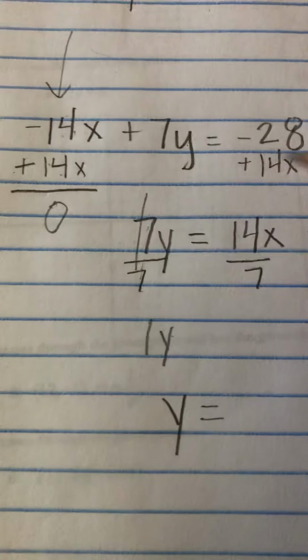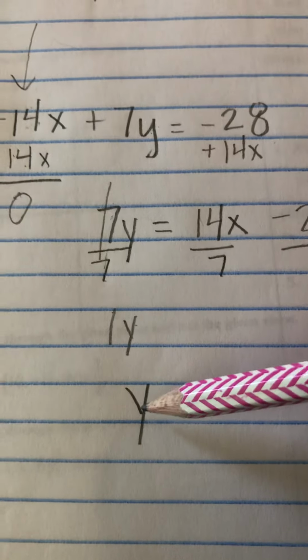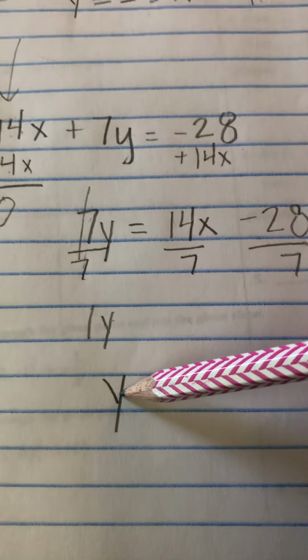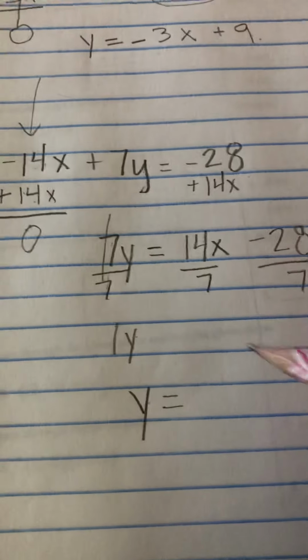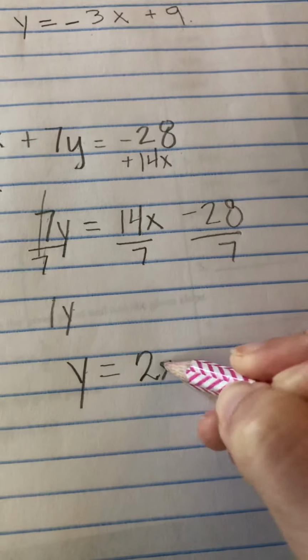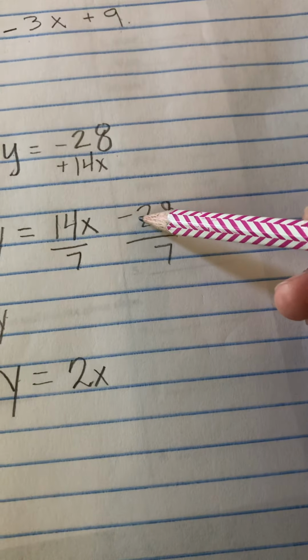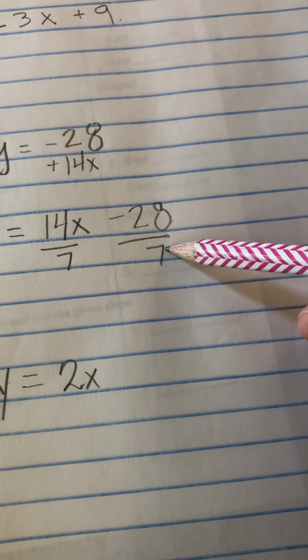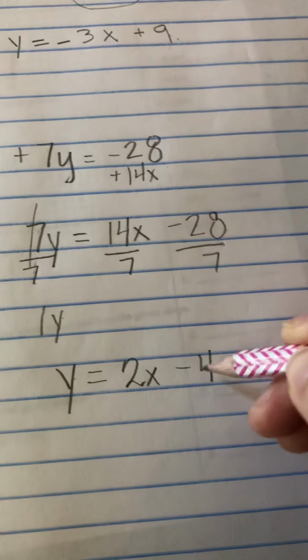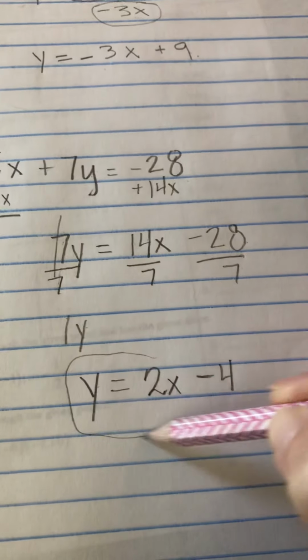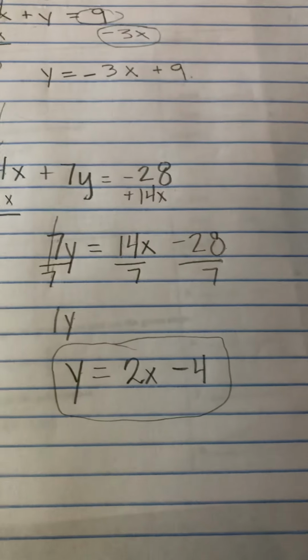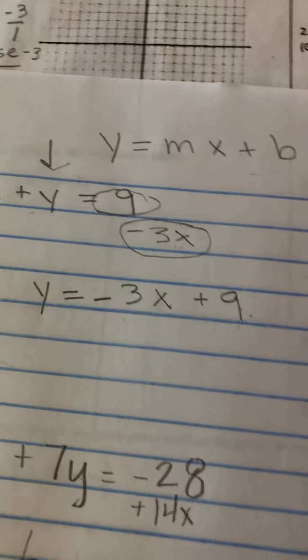So that's why I divided by 7 there, to get that 1, which gives me just 1y, which is the same as y. 14 divided by 7 is 2, so that gives me 2x. And then I get my negative 28 divided by 7, and that's going to give me my negative 4. So this answer right here, y equals 2x minus 4, that's what goes on this line right here.